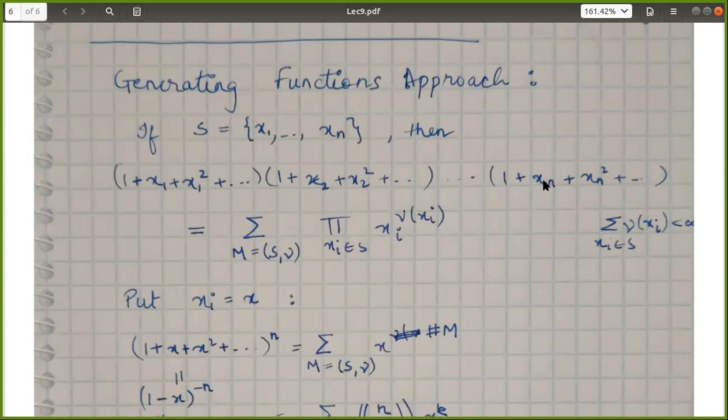So in a compressed manner, I have written this full huge product as this. Okay. And this is always finite. So this inside thing I have kept as the summation over xi in S of nu of xi to be finite, so that each m is finite.